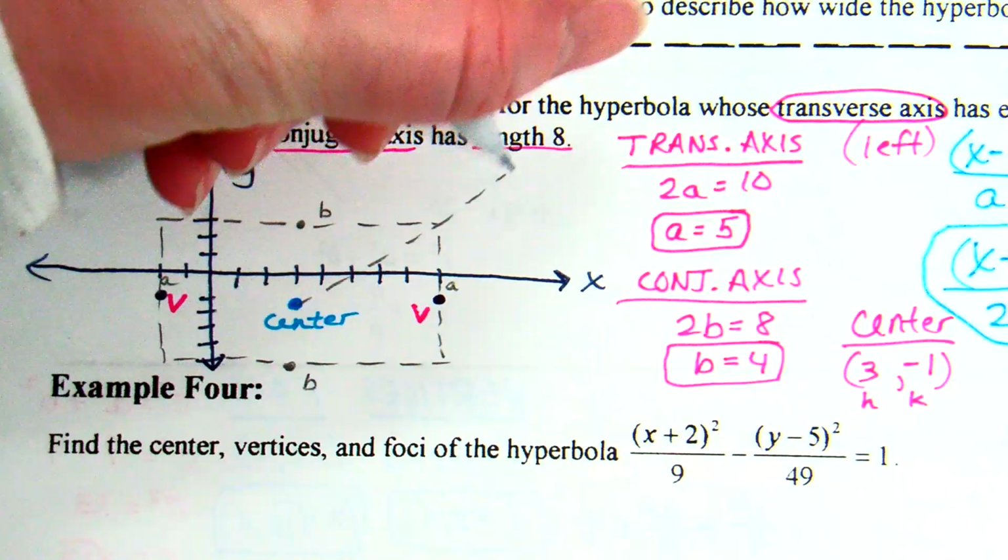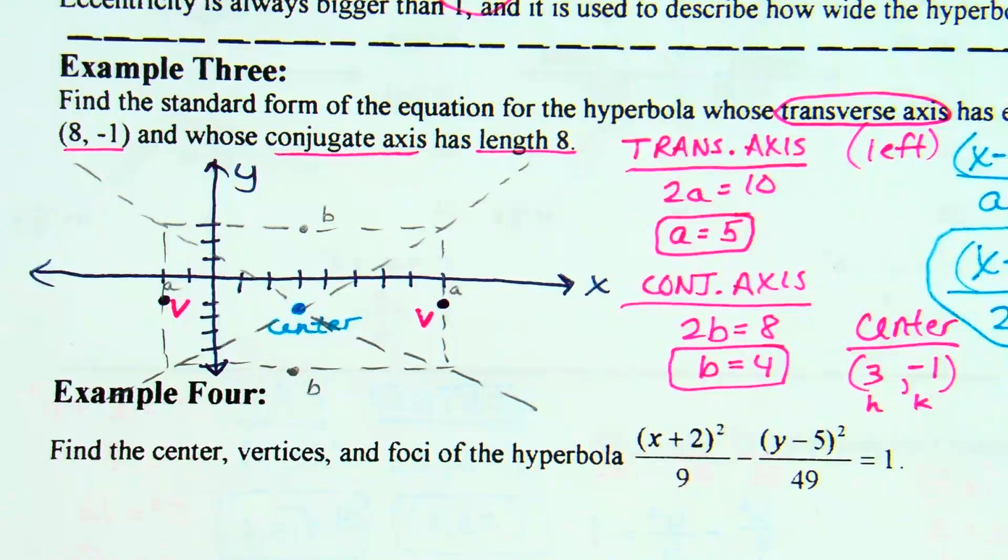Now I can tell that my hand-drawn graph is a little lopsided here, but that's just me not spacing everything out evenly. And where do I draw my hyperbolas? The left and right, the vertices.